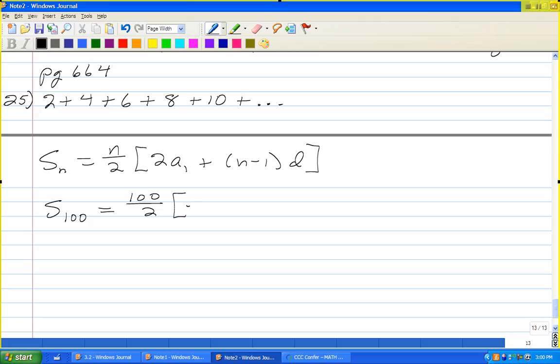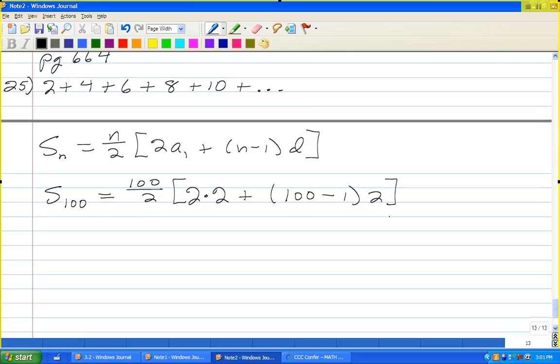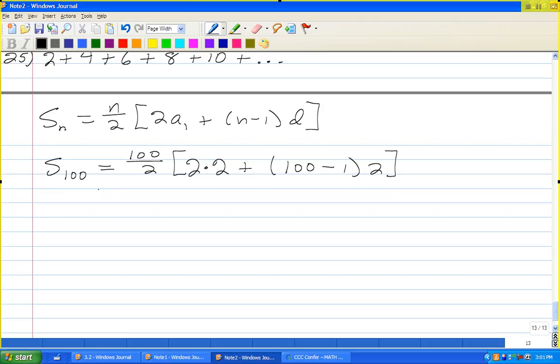The first term is 2. The common difference, well, we keep adding 2. And so I get 50 times 4 plus 99 times 2.